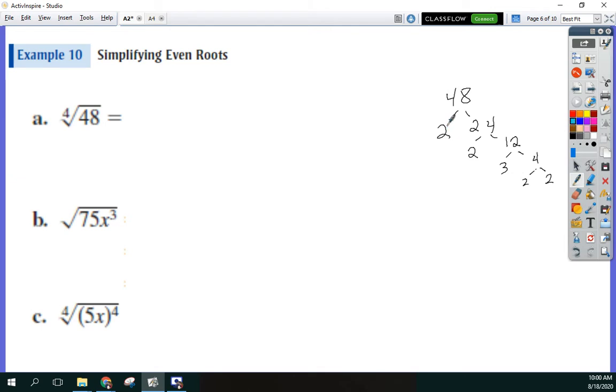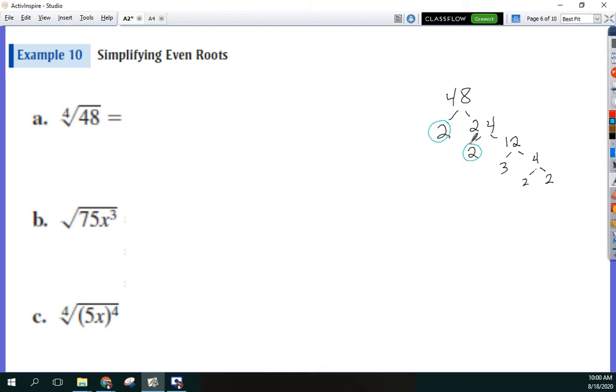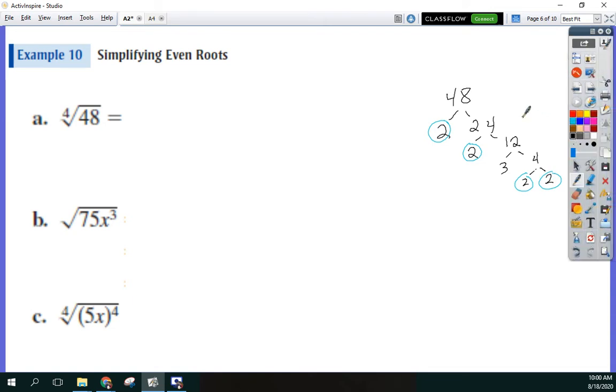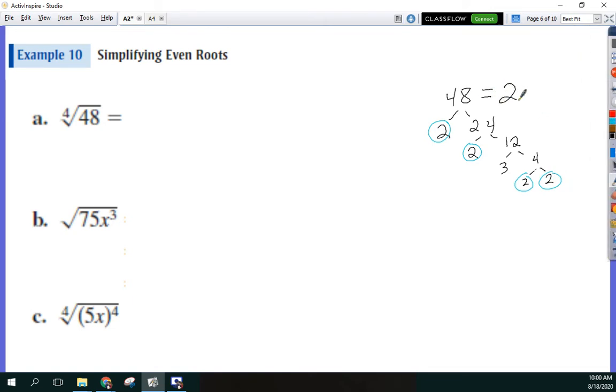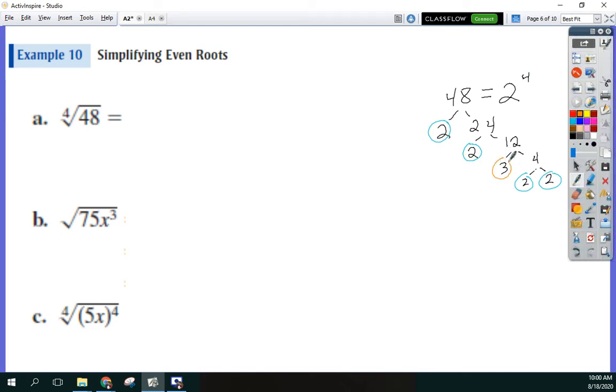So if we notice, I have 1, 2, 3, 4 2's. So that can be rewritten as 2 to the 4th. And notice that we have a 3 left over.